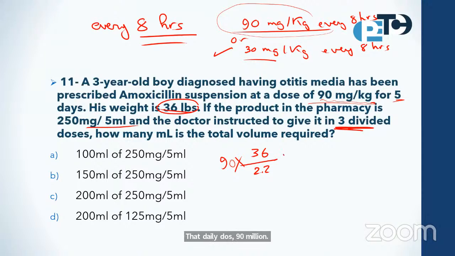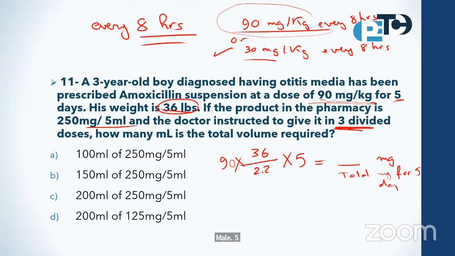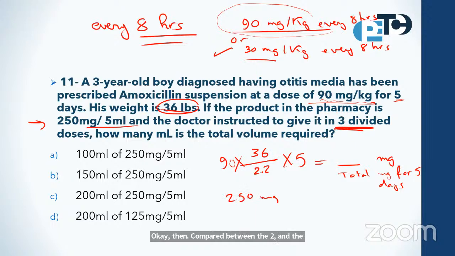Multiplied by 5 to know the total milligrams for 5 days. Then compare the total milligrams with the bottle, 250 milligram present in 5 ml.